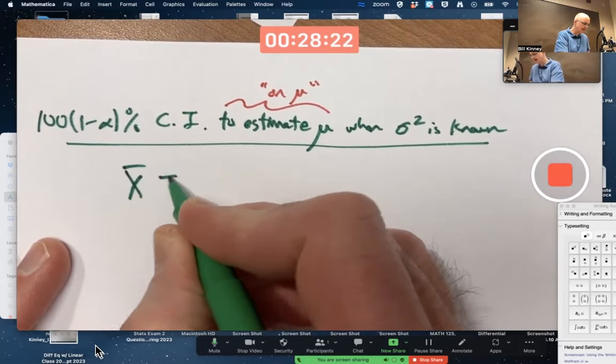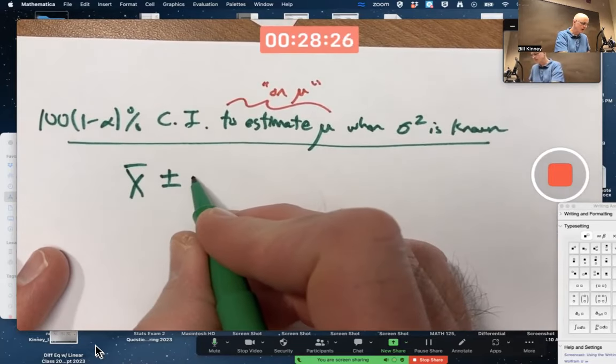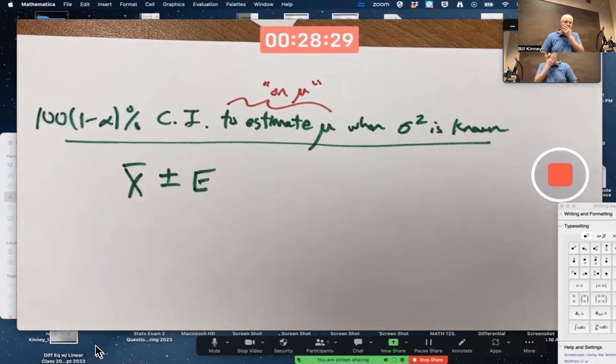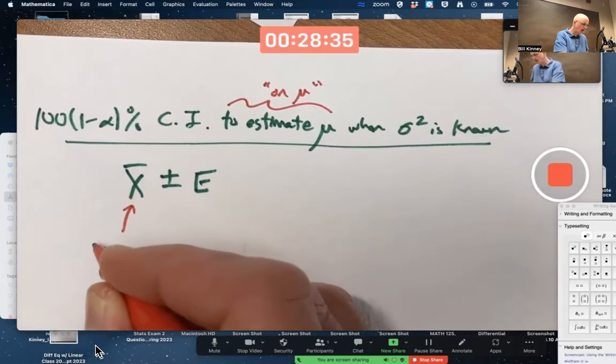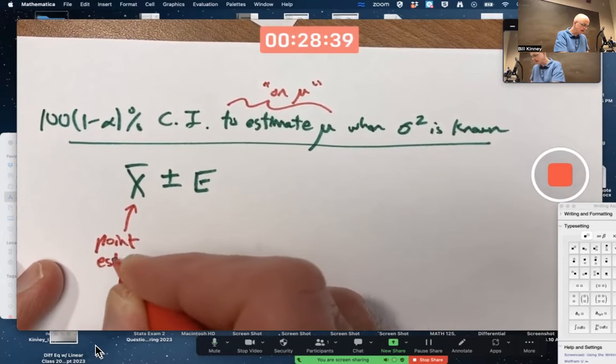X bar plus or minus, I'm going to write something I did not write last time first here, plus or minus E. X bar is your point estimator.